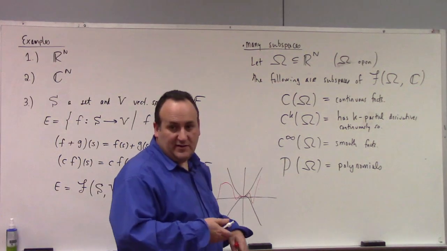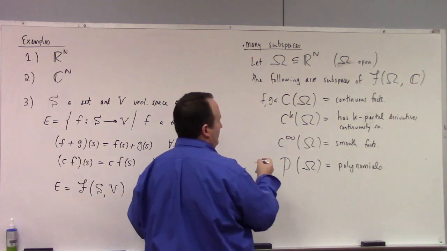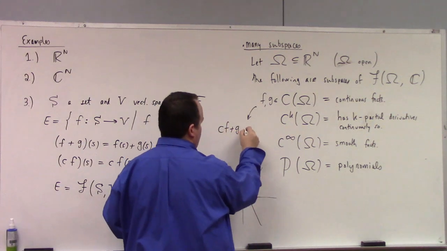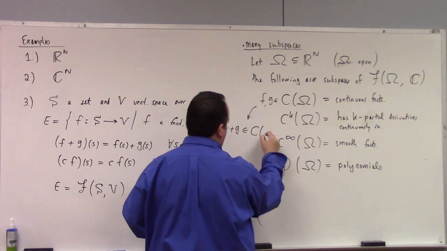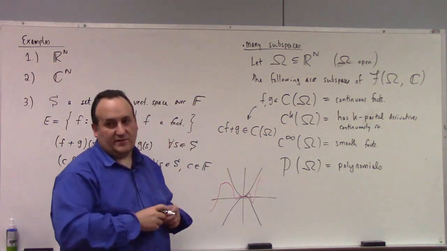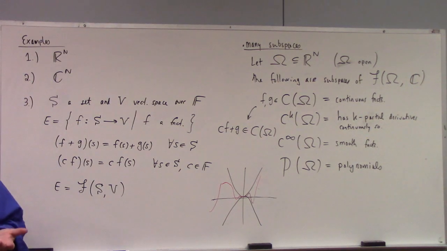If I take f and g in here, then cf plus g is again an element of C omega, because the sum of continuous functions and the scalar multiple of a continuous function is again continuous. That's the limit laws, if you like.